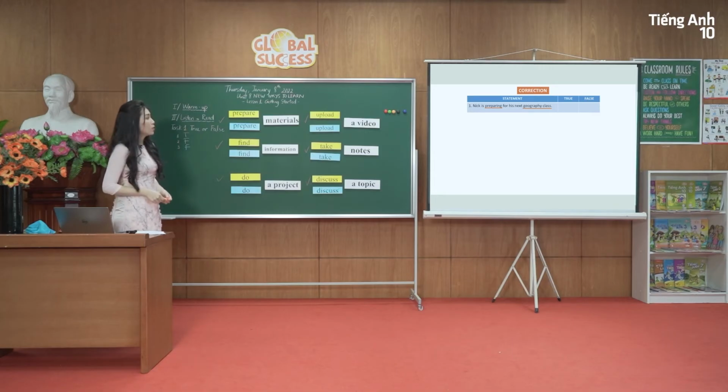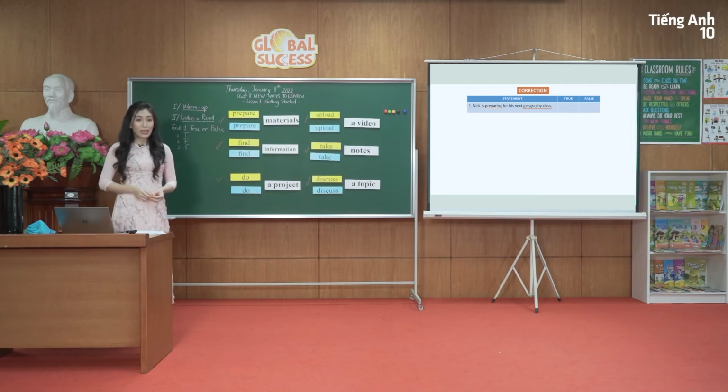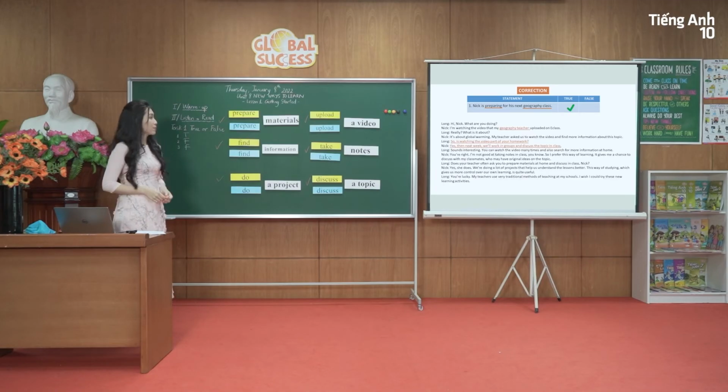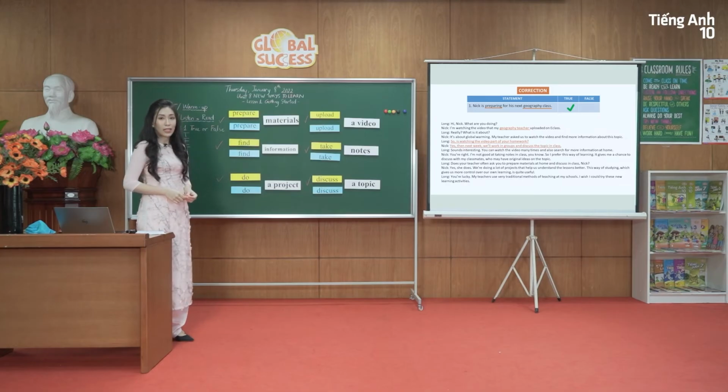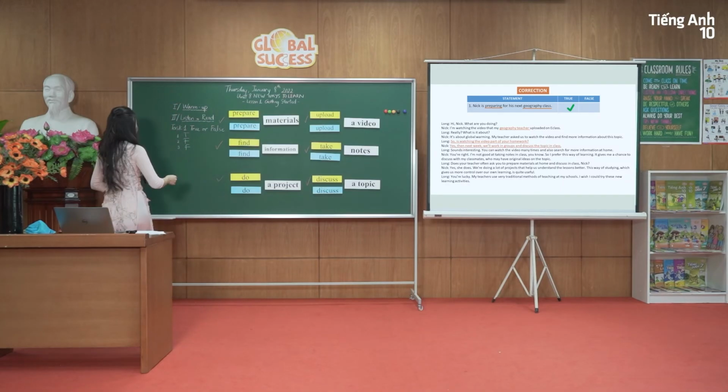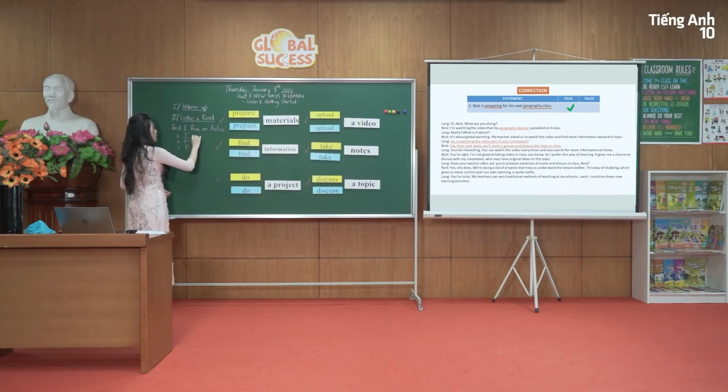Yes, the key words are preparing and geography class. So let's find these keywords in the text. So as you can see in the text, Nick says he is preparing for his geography homework for his next class. So the statement is true. So Mai got this correct.